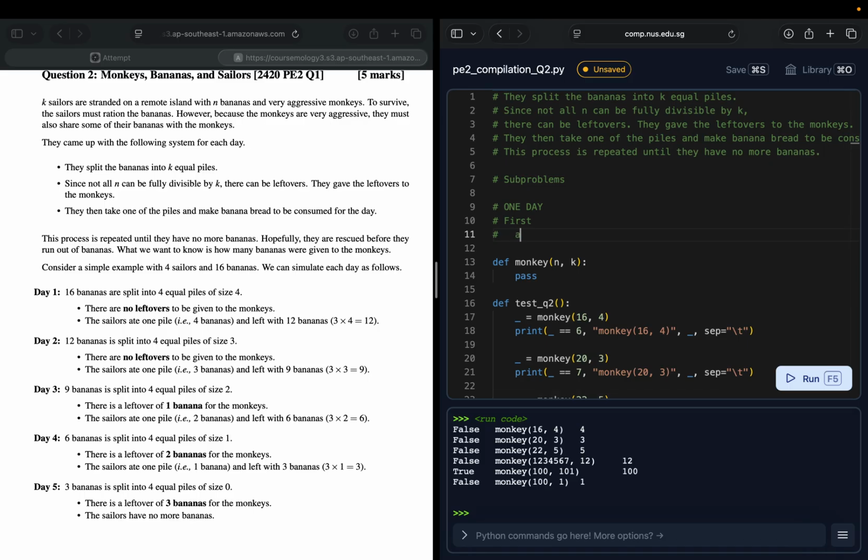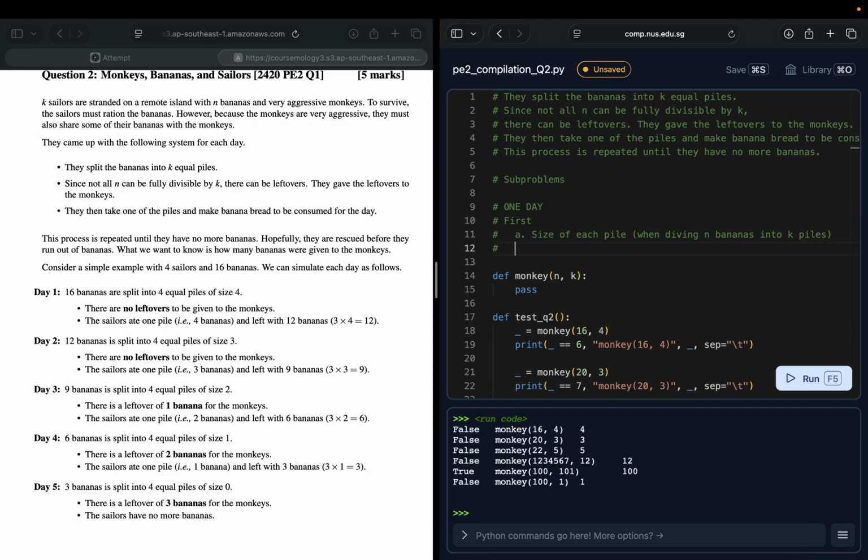At each step we need to find out the size of each pile when we are dividing n bananas into k piles. So we need to calculate that, and we also need to calculate the number of leftover bananas which are given to the monkeys.